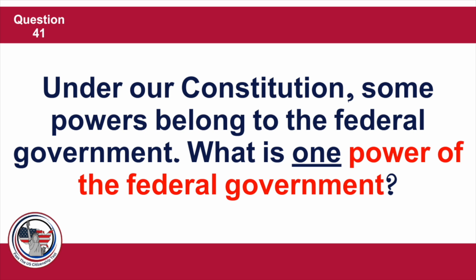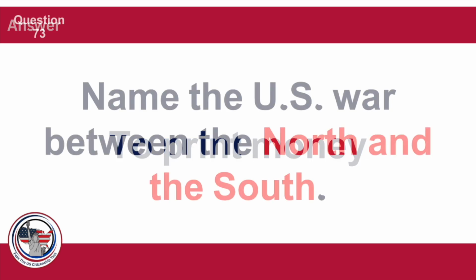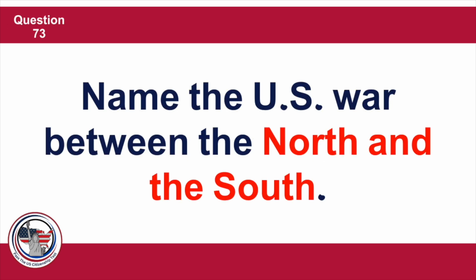Under our Constitution, some powers belong to the federal government. What is one power of the federal government? To print money. Name the U.S. war between the North and the South.